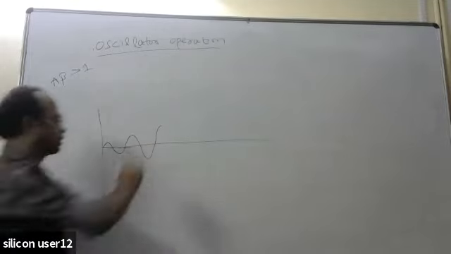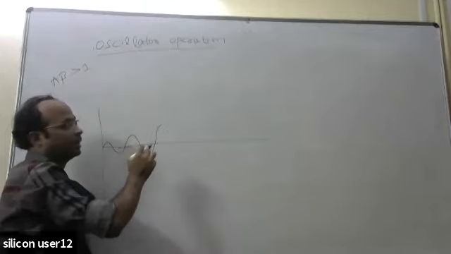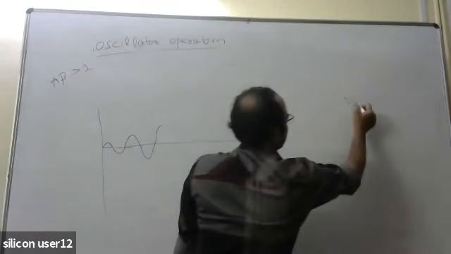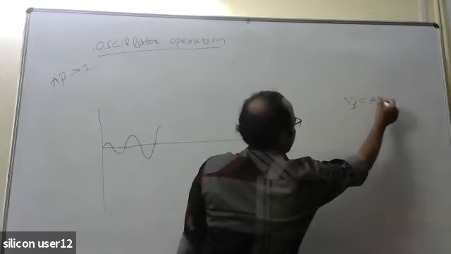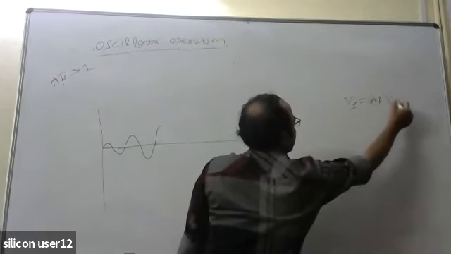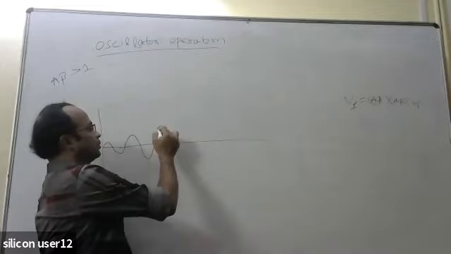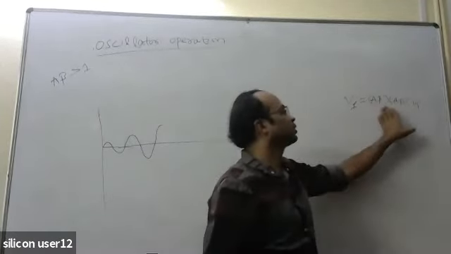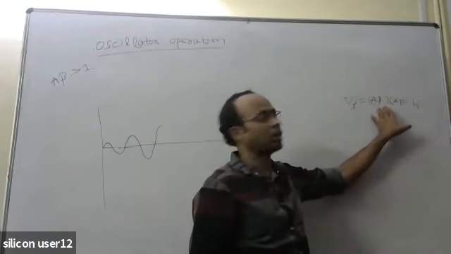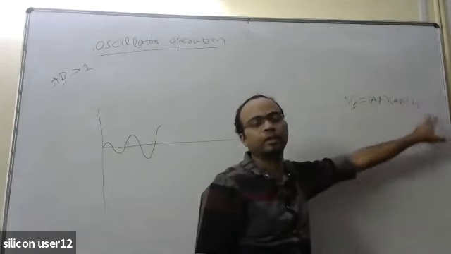What will happen? In each iteration, the signal strength will go on increasing. I mean that VF, the output that was coming, was equal to A beta raised to the number of iterations, into VI. It was increasing in each iteration. So since the A beta term is greater than 1, suppose it is equal to 1.5. Then 1.5 into VI is the value. In the second iteration, 1.5 into 1.5 into VI.